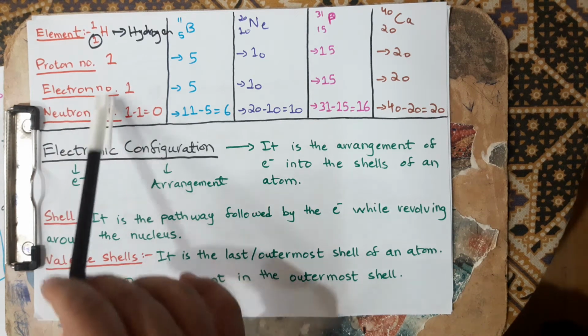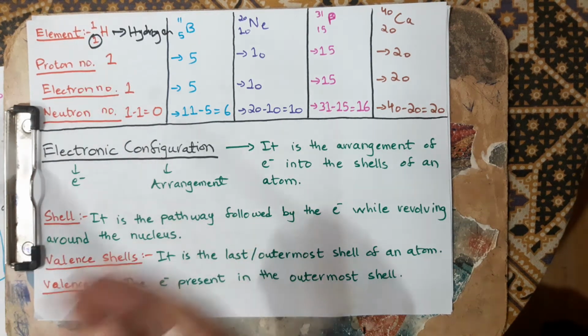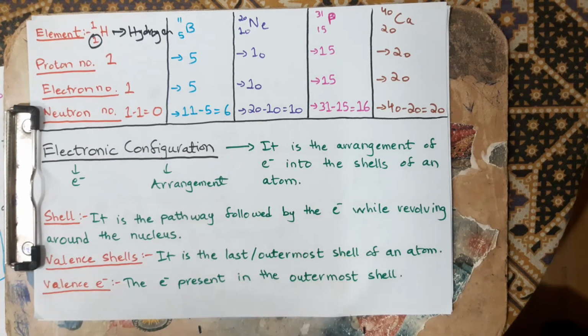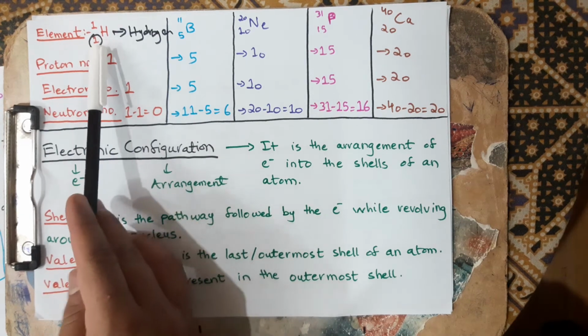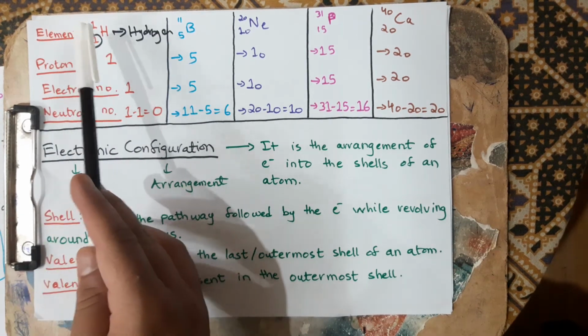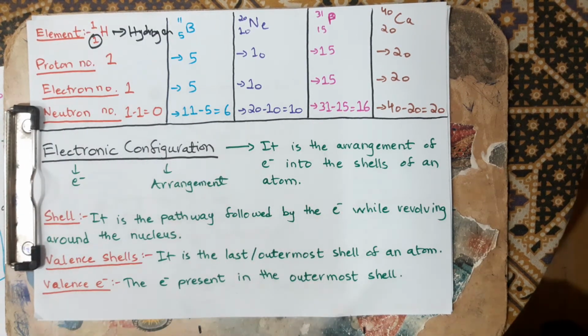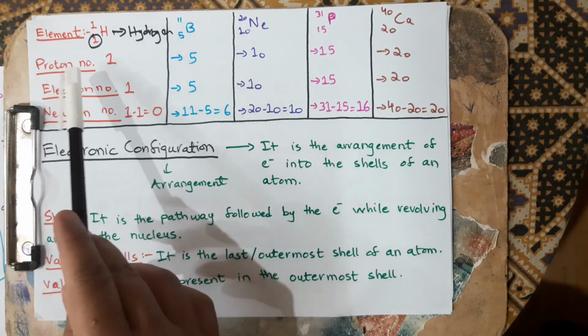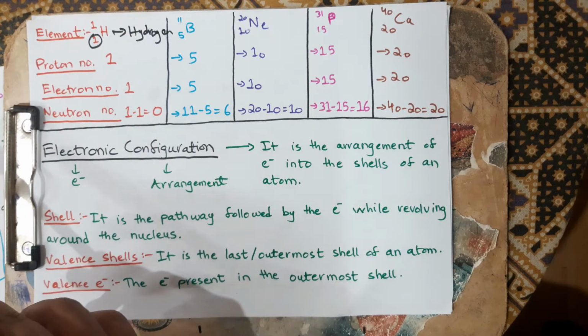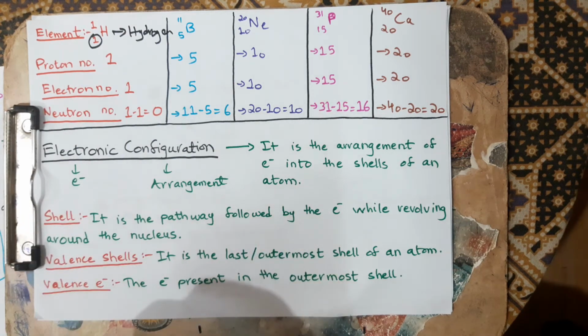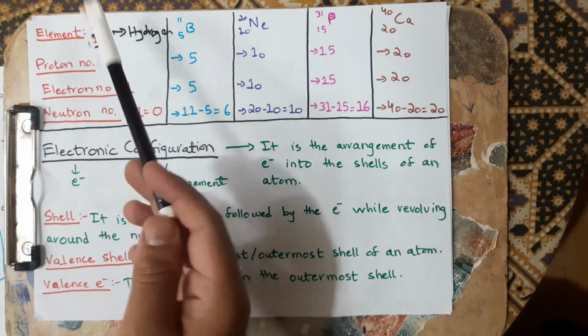However, what is the neutron number? You can see that its nucleon number or mass number is 1. The mass number or nucleon number is the sum of protons and neutrons present inside the nucleus. The proton number is already 1, and the mass number is also 1.